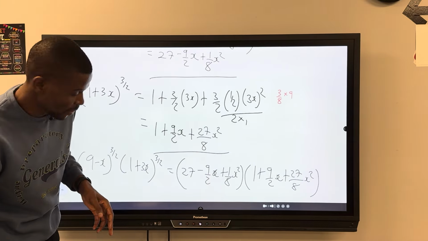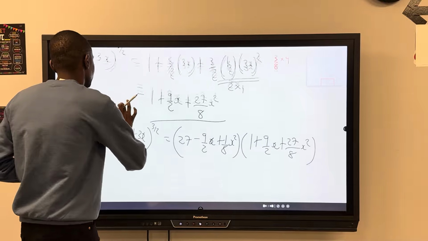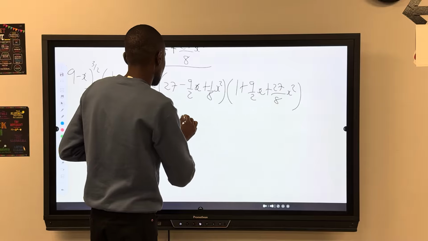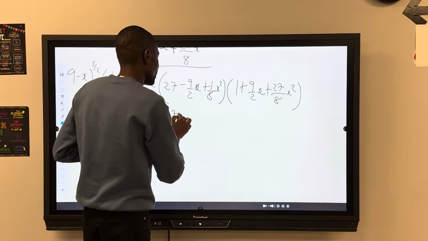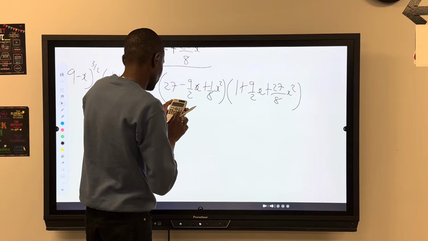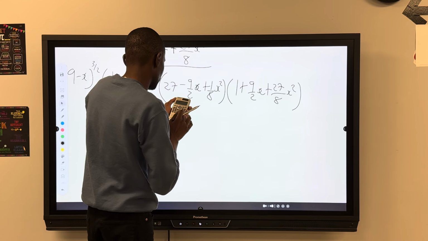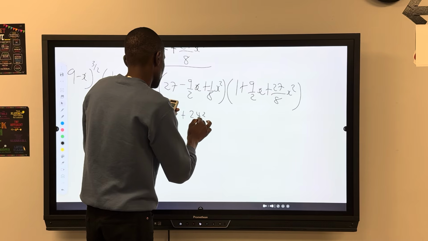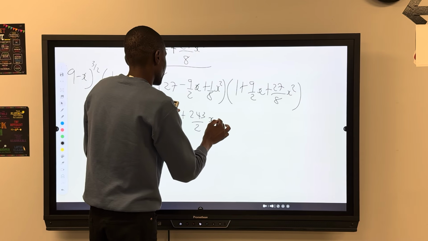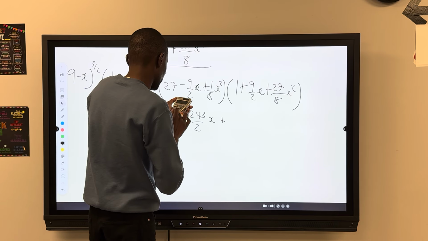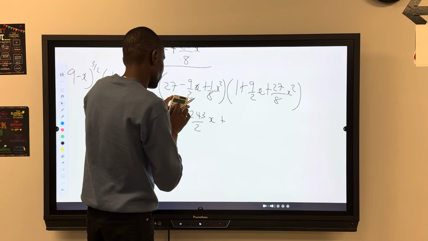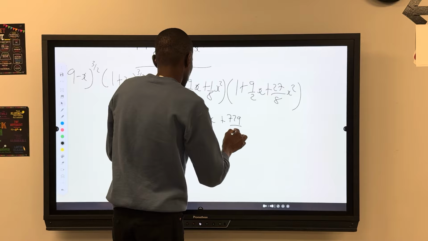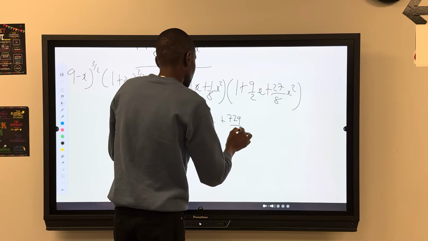So when multiplying these now, we start with 27, it multiplies everything, so it's going to be 27 plus 27 times 9 over 2, so plus 243 over 2x, then plus 27 times 27 over 8, so plus 729 over 8x squared.